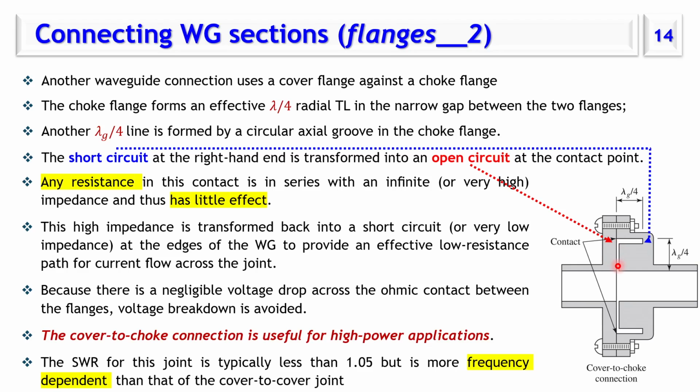Then this distance here is also lambda by 4. So when we are looking in this direction, we are seeing an open circuit, and we are lambda by 4 away from the open circuit. So we see a short circuit here. So the input impedance at the input of this gap looking in that direction would equal 0, which is a very low resistance.